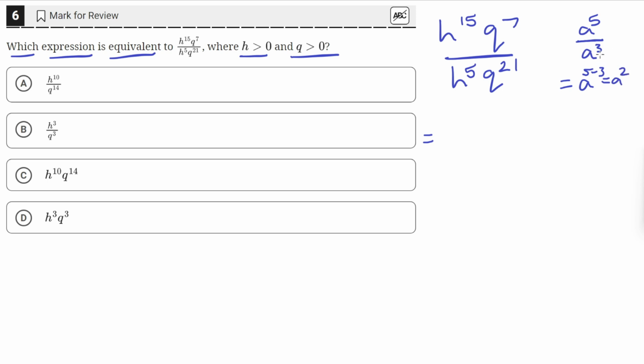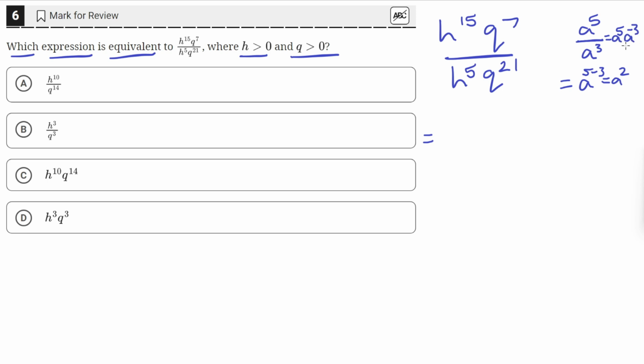Because when you have an exponent in the denominator of a fraction, it is equivalent to multiplying by that base to the negative of that exponent. So this is equivalent to a raised to the 5th times a raised to the negative 3rd.